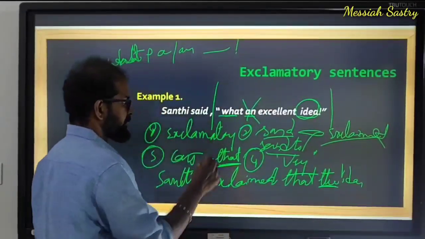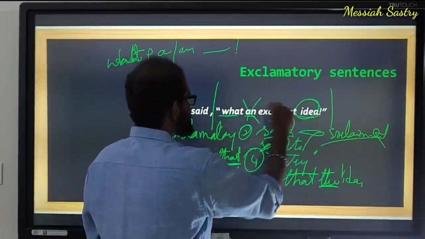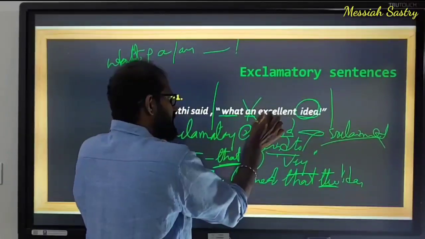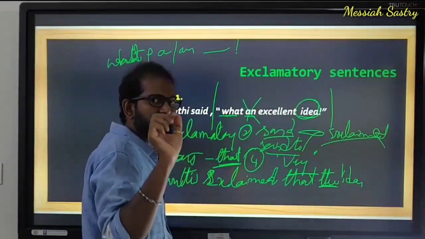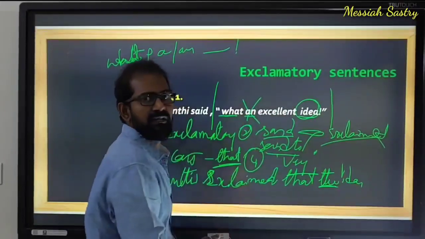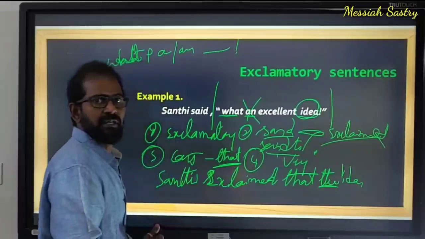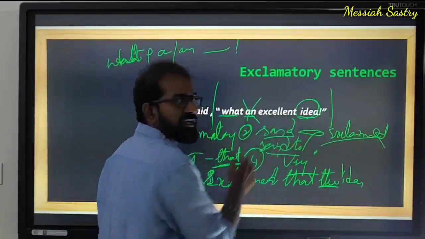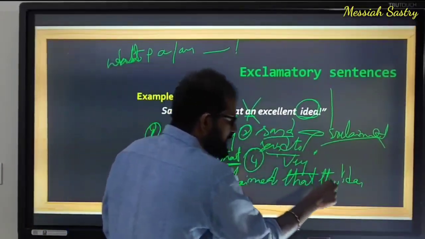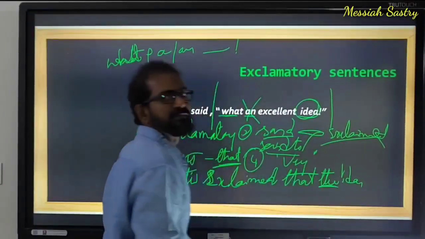Once again, after the conjunction, let us look at the sentence. What an excellent idea. This sentence is talking about a particular topic, that is idea. So we need to place the idea after that. But here it is an idea, and when it comes to indirect speech, we don't use an, that an changes to the.